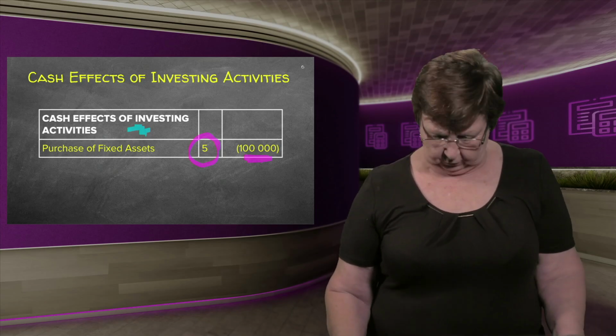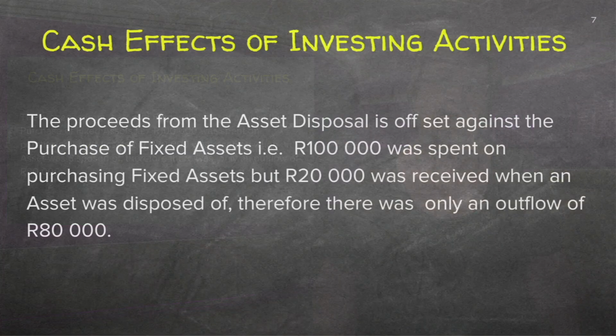What comes next, of course, is the money we would have got had we disposed of an asset or traded it in. So let's have a look at what we're going to do there. The proceeds of the asset disposal will be offset against the purchase price. So what do I mean by offset? Let's have a look.